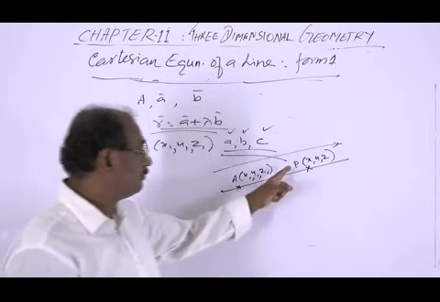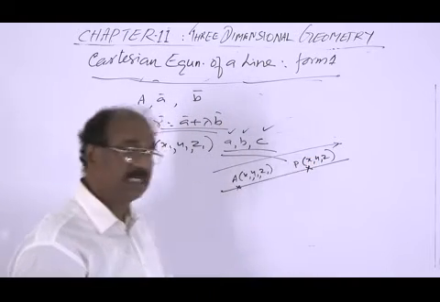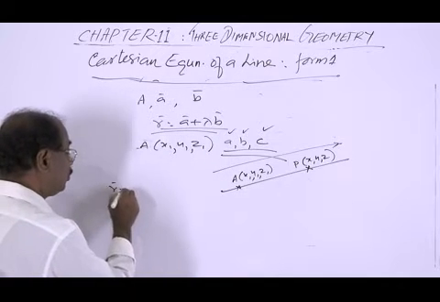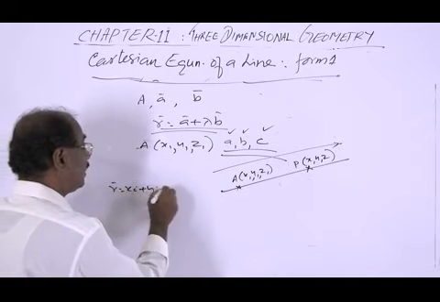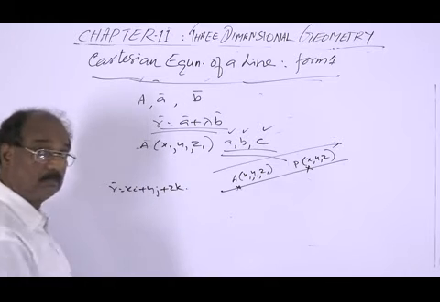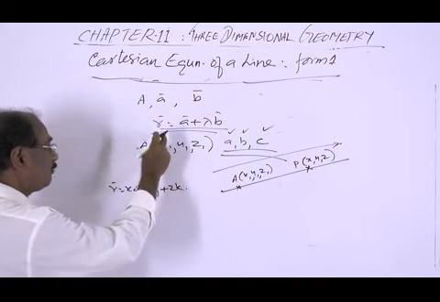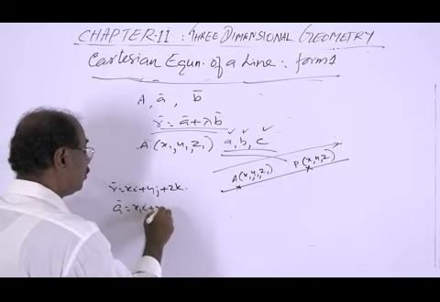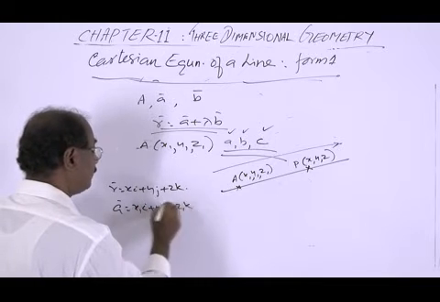Now, if P is x, y, z, then its position vector r can be taken as xi plus yj plus zk. The position vector of point A, that is a, can be taken as x1i plus y1j plus z1k.